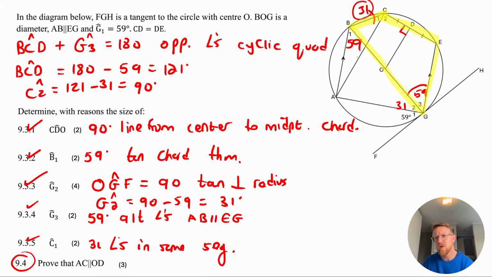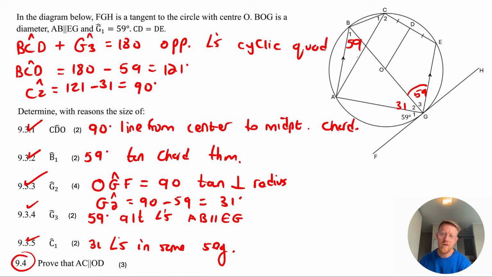Okay, so now what we've just found is that this angle is 90. So that means that these two lines have to be parallel, because we know this is 90 and we know that this is 90. So we've got a co-interior angle over there. And when the co-interior angles add up to 180, they're parallel. They don't have to be equal necessarily, but they must add up to 180.